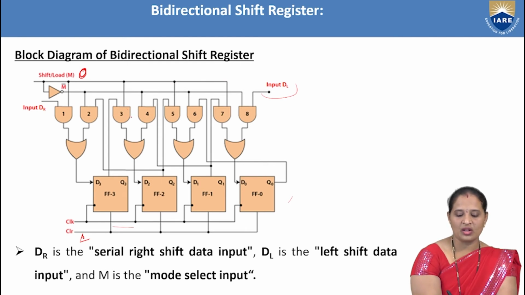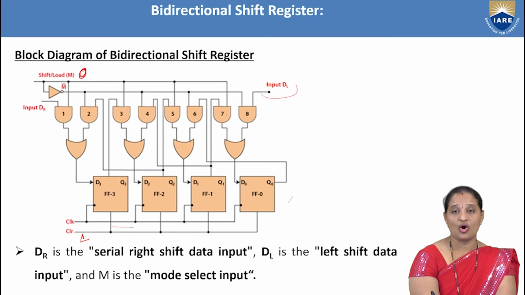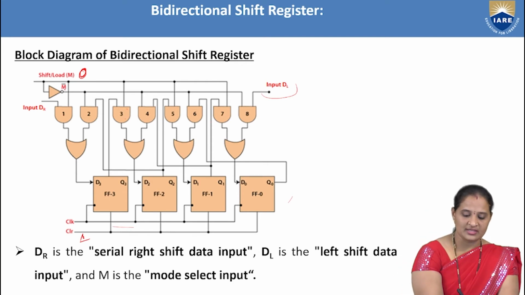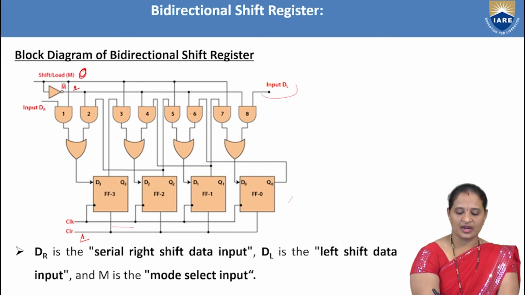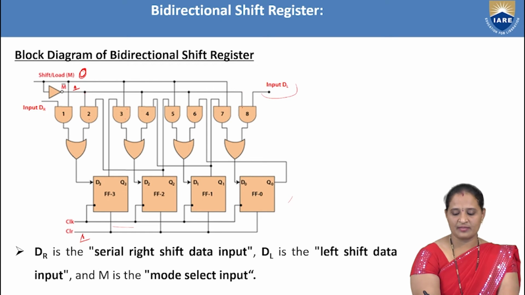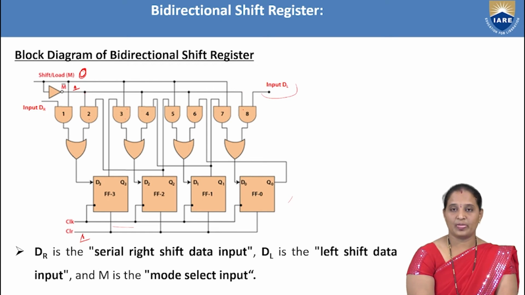That means all the odd numbered AND gates are disabled now. Whereas this is an inverter which produces output 1, so all the even numbered gates are connected to 1 now. So now 2 is enabled, 4 is enabled, 6 is enabled and 8 is enabled.